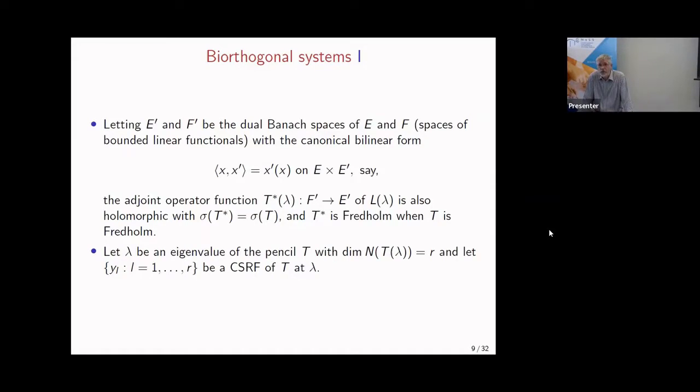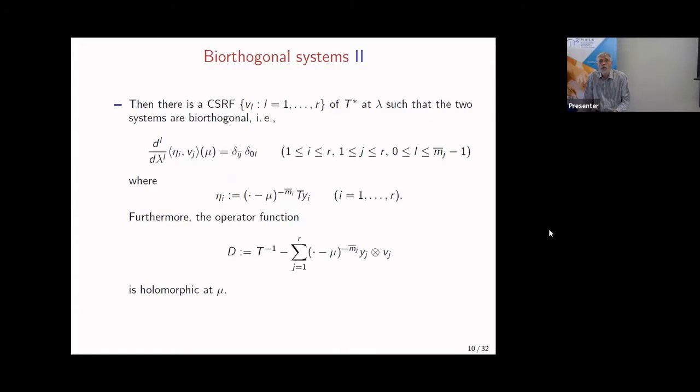That no longer is true for arbitrary operator pencils, simply because they're working in different spaces. But we still have something else, namely biorthogonality, and for that we just introduce the dual spaces and the adjoint operators. That is the usual definition.